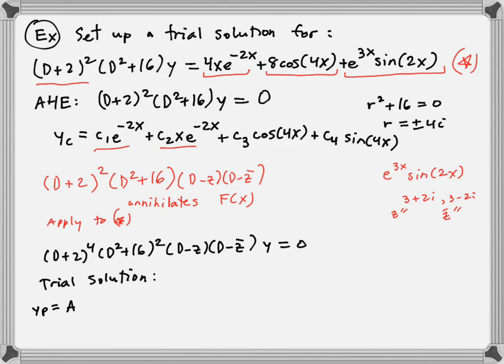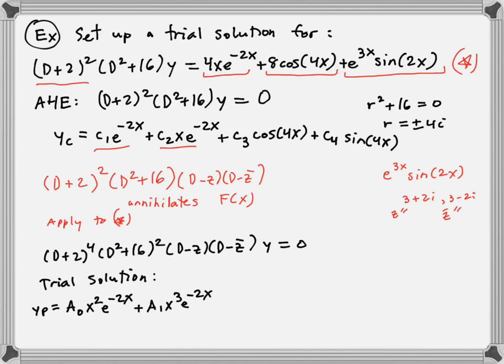So I'm going to write a naught x squared e to the negative 2x plus a1 x cubed e to the negative 2x. Those are my last two.